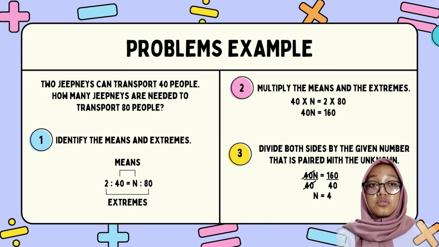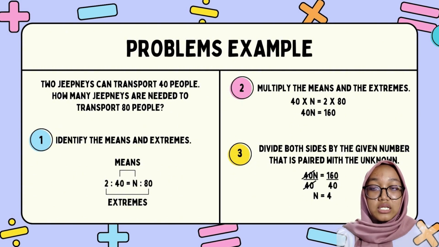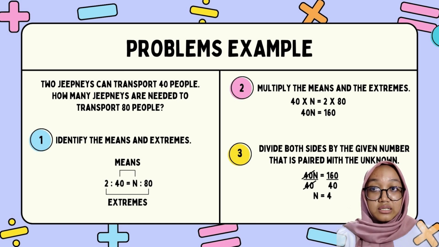The first is 2 jeepneys can transport 40 people, so we write 2 is to 40, equals the other proportion, n is to 80. So we have 2:40 equals n:80. The means are in the middle: the means are 40 and n. And the extremes are 2 and 80.